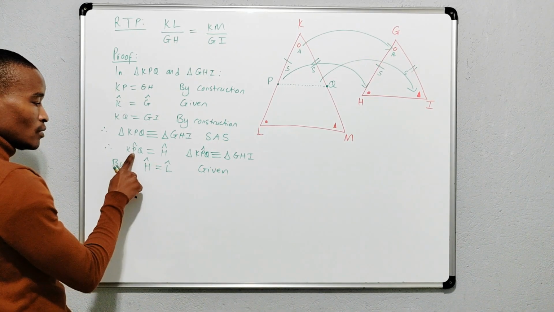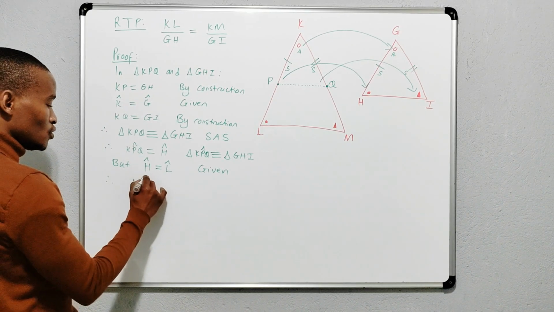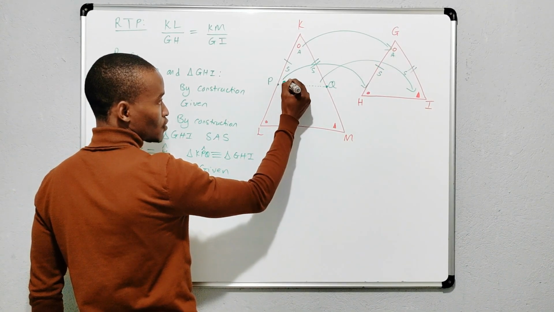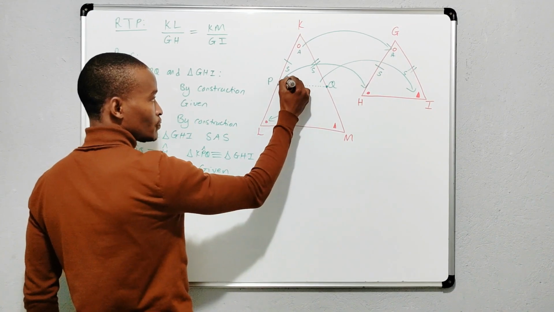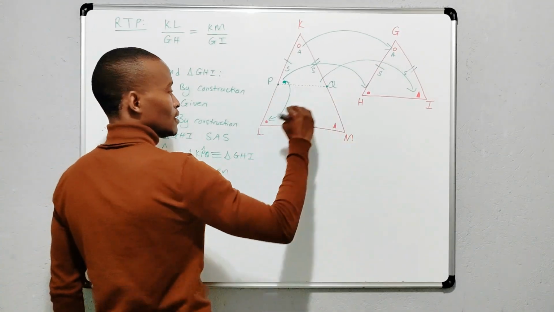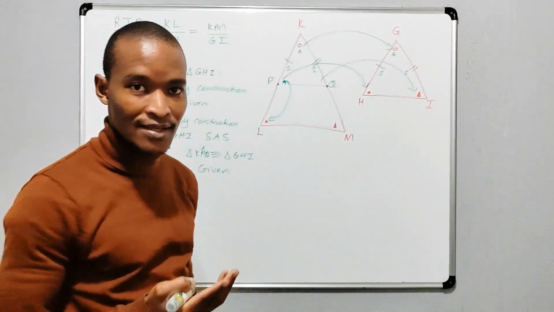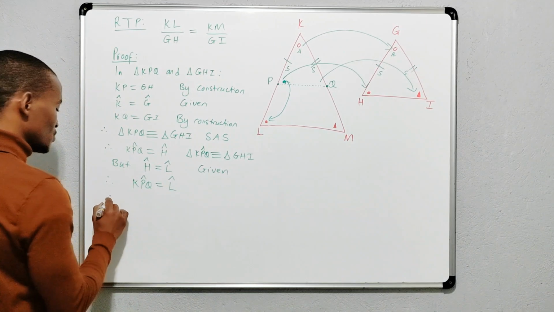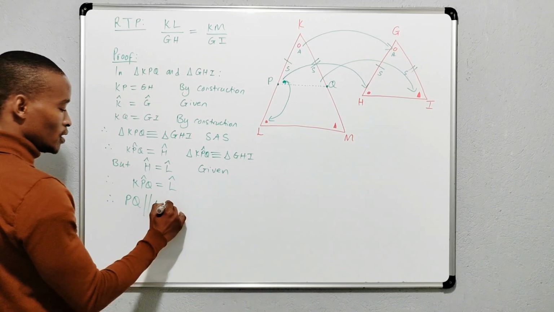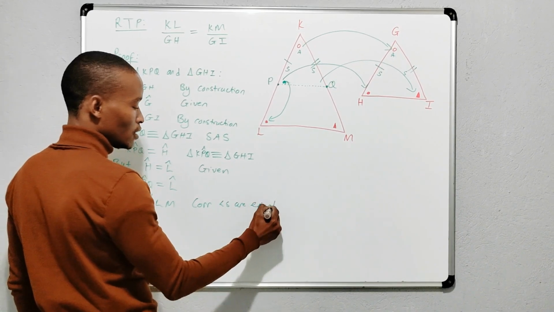We can connect angle KPQ to angle L. So therefore, angle KPQ is equal to angle L. We put a dot there as well, and we have connected these two angles. So what can you say now? This angle is equal to that angle. What type of angles have formed? Corresponding angles. Good. So therefore, PQ is parallel to LM because corresponding angles are equal.